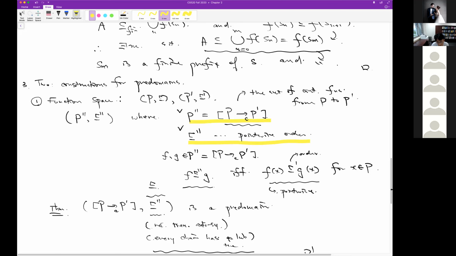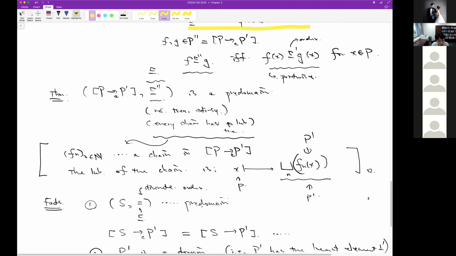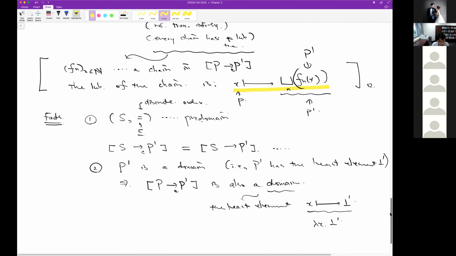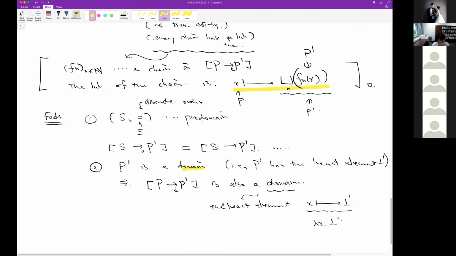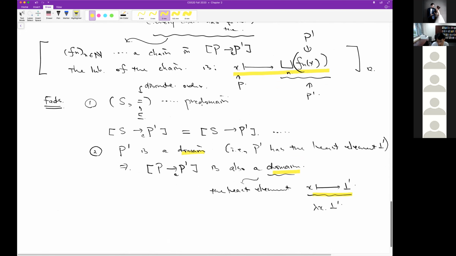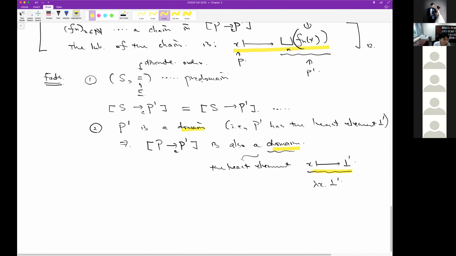If we do so, this becomes a predomain where the least upper bound is defined pointwise. And then also, if the target space is a domain, then it also becomes a domain where the least element is again defined essentially pointwise using information available from the target. Okay, that's the first construction, the function space construction.